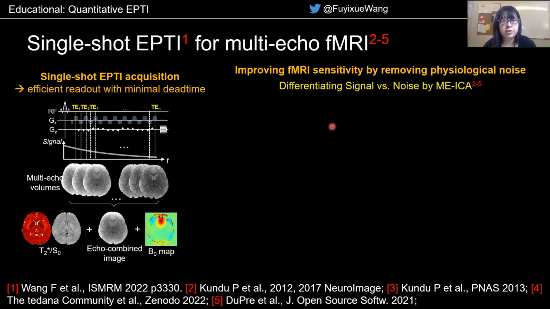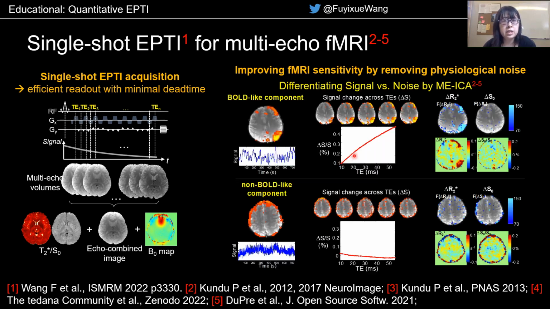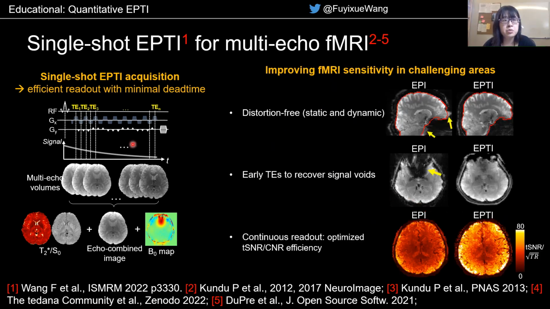And specifically, we can look at the TE-dependent information and differentiate the signal from noise by looking at whether the functional changes are more T2 star related or S0 related, and then remove the noise component to improve the functional MRI sensitivity.